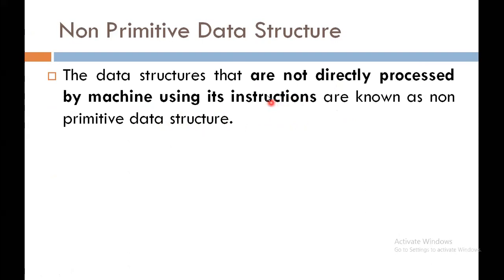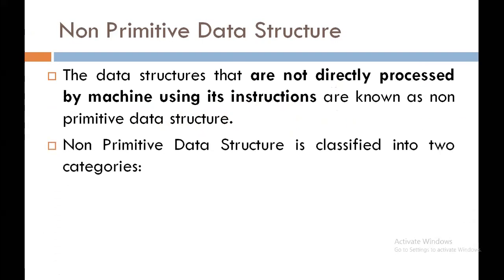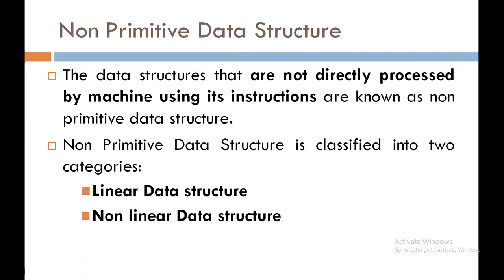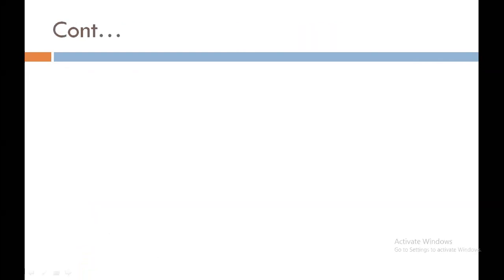In short, this data structure is not handled by the machine, but it is created by the user. The non-primitive data structure is classified into two categories: linear data structure and non-linear data structure.